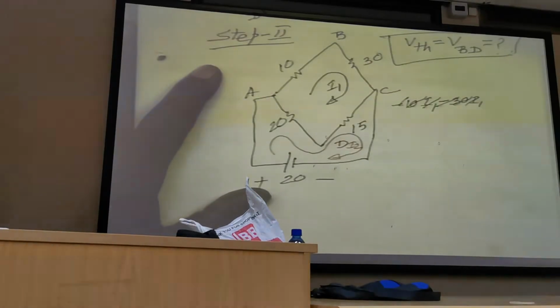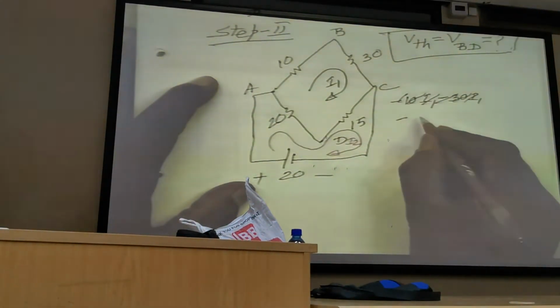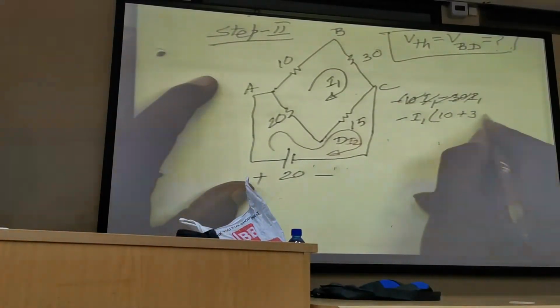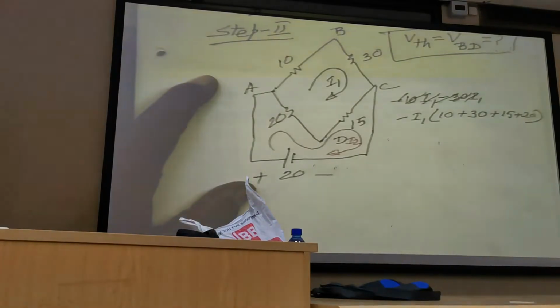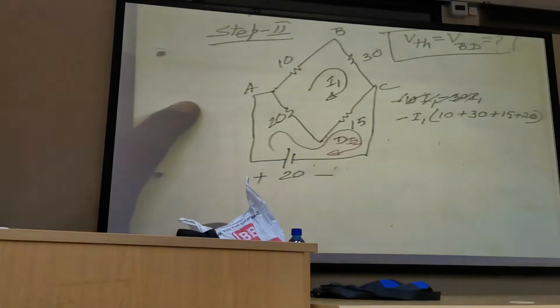So minus I1 times 10 plus 30 plus 15 plus 20 equals 0. Clear? Can you see the zero or not? Yes, sir.